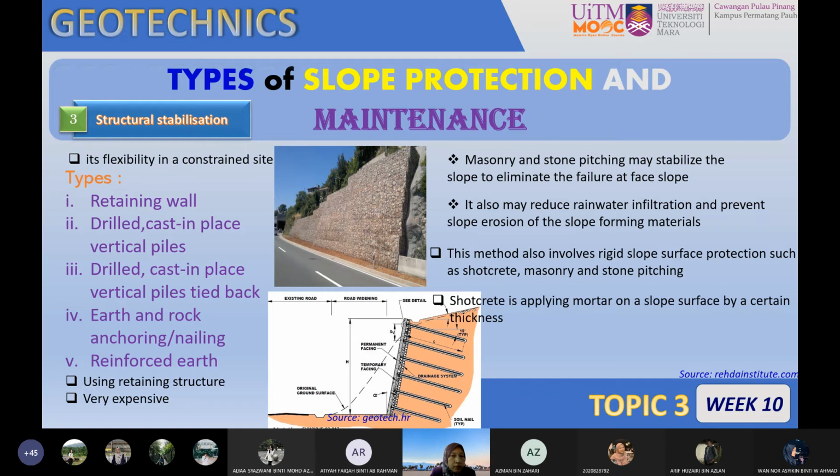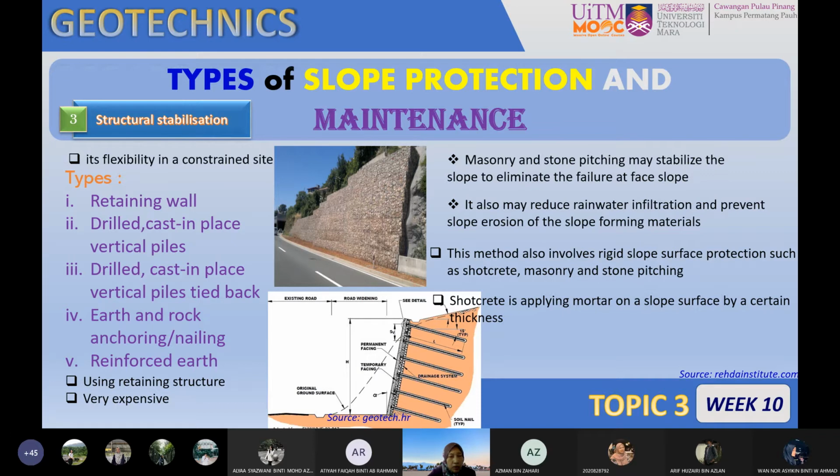And then the next method is structural stabilization. Why do we use structural stabilization? It is very flexible in a constrained site. If you are dealing with a high-rise building, you need to construct a few meters below the ground surface to form the basement area.